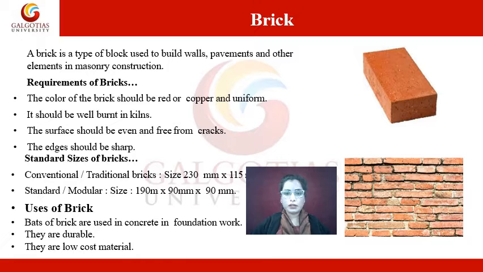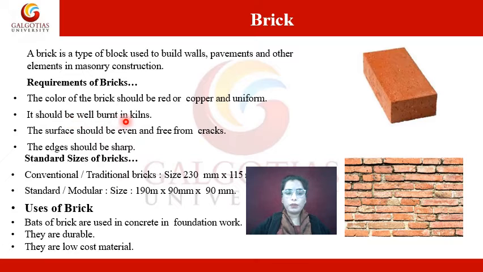Next building material is brick. Brick is a type of block used to build walls, pavements and other elements in masonry construction. Brick is commonly used for construction purposes. Here are given some requirements of brick. When we talk about a good brick, the brick color should be red or copper and uniform.